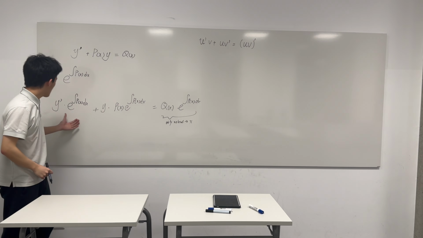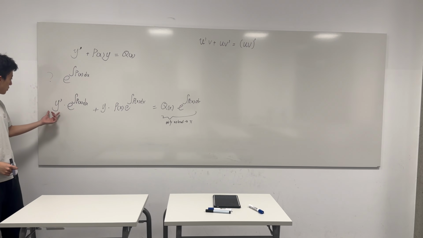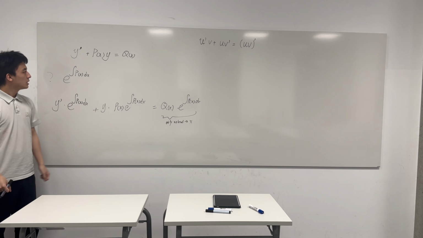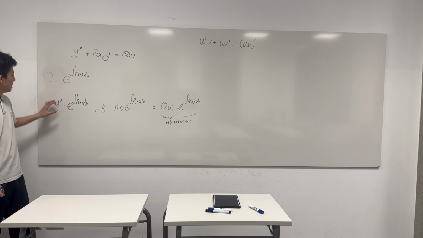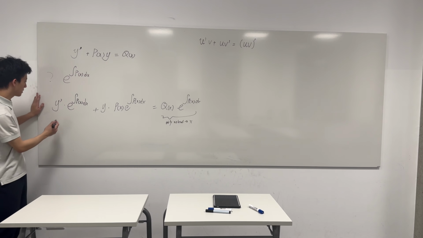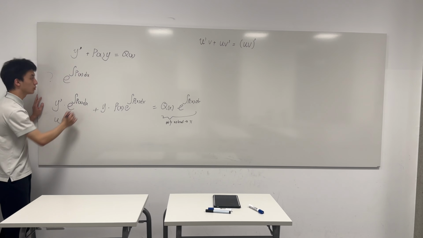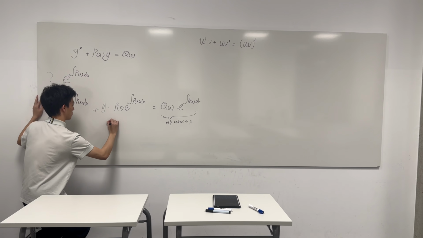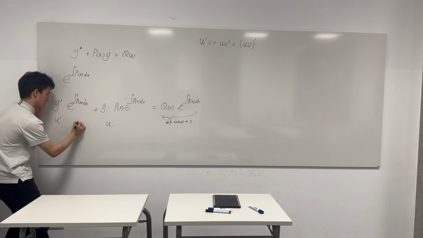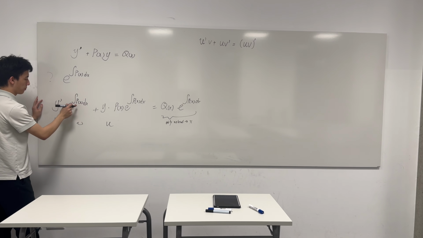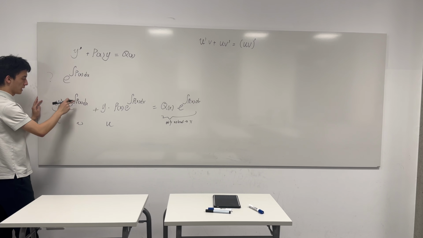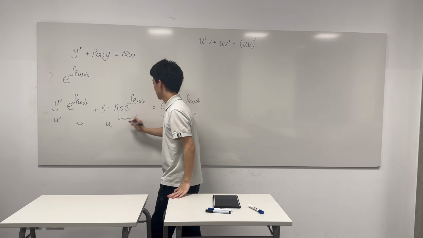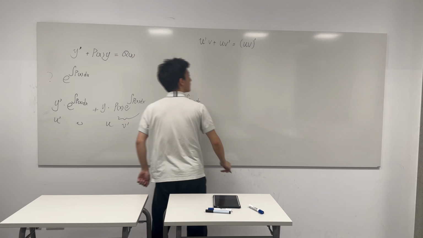Then actually we can check, because you see it is a y derivative, it is a y. Let's check. If we think y derivative is the u derivative in the formula and y is the u, then it means e to the power of indefinite integral px dx is the v, and the thing here will be v derivative.